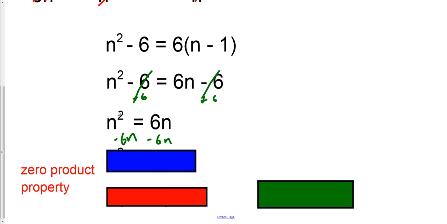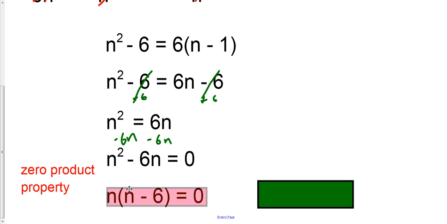Now because this is n squared and this is just n, these will not combine. These are separate terms. So we have n squared minus 6n equals 0. Since we have it set equal to 0, we can do our zero product property. We'll factor it into n times n minus 6 equals 0, which means we've got two factors, here and here.